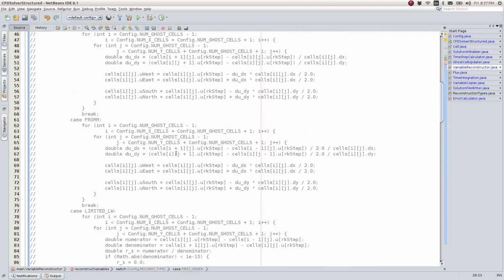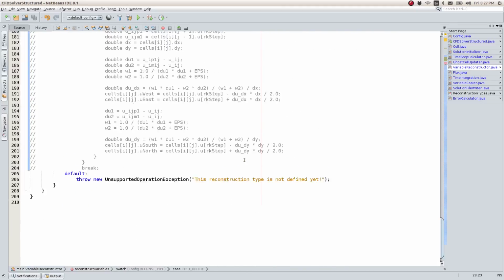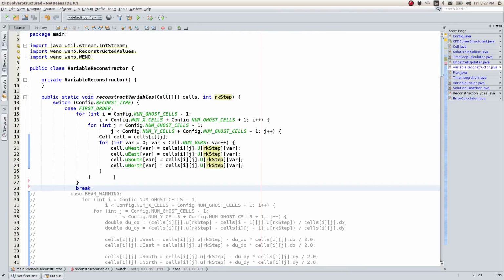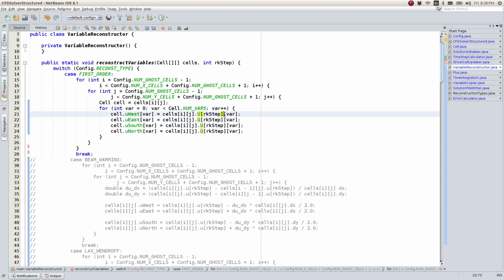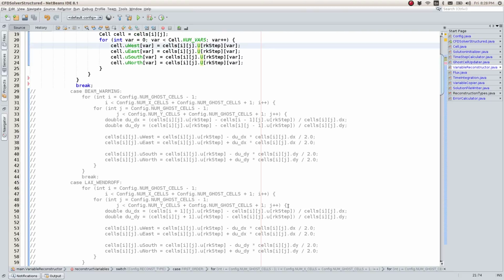We may want to modify the code to also work with higher order reconstruction. And it's pretty simple actually. We just need to make these capital U's and add the extra second index for variable. We have to do it everywhere, and that's it. We will have a higher order scheme.